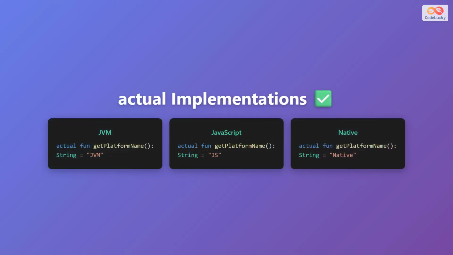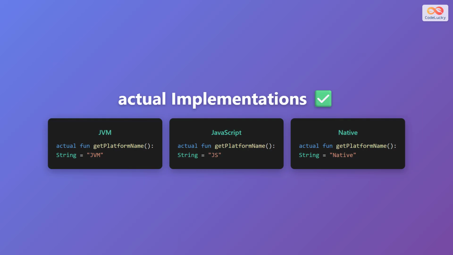Now, for each platform, you provide an actual implementation. On the left, we have the JVM implementation where actual fun getPlatformName returns the string JVM. In the middle, the JavaScript implementation returns JS. And on the right, the native implementation returns Native. Each of these implementations is placed in its respective platform-specific source set.